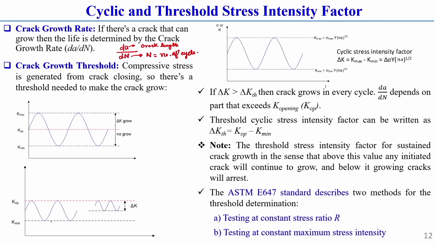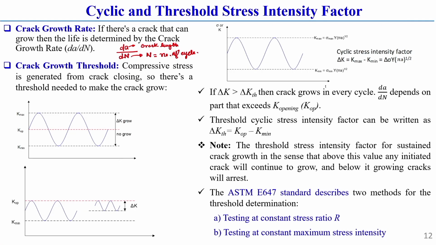Now, what is the crack growth threshold? I have already told you that compressive stress acts as crack closing. If there is compressive stress in a component, it tries to close the crack. If a body is subjected to cyclic loading, in this cyclic loading there is some negative stress and some positive stress.